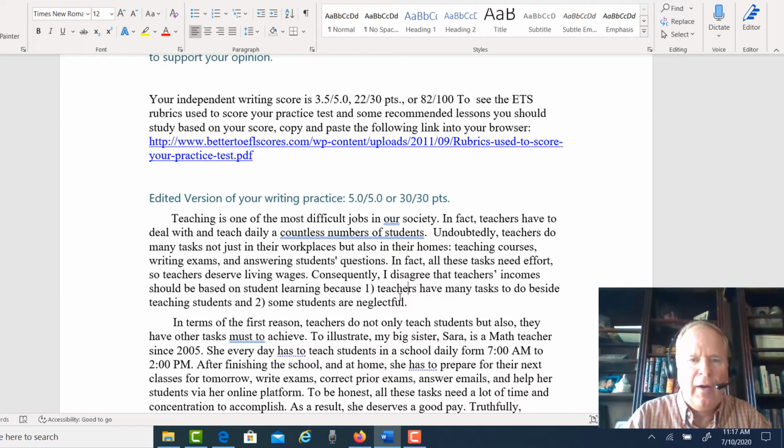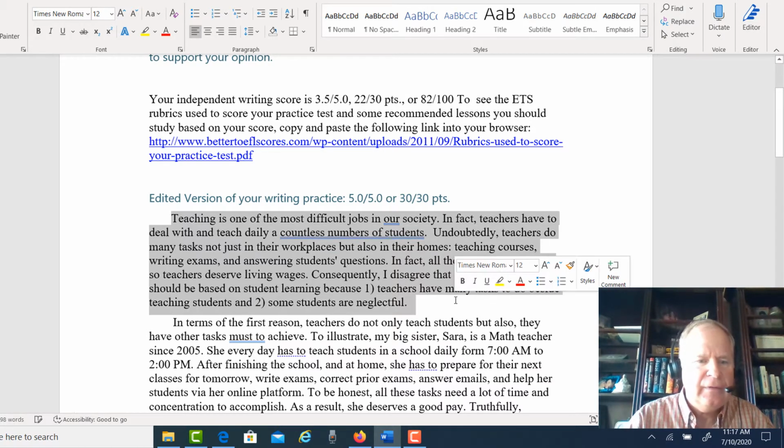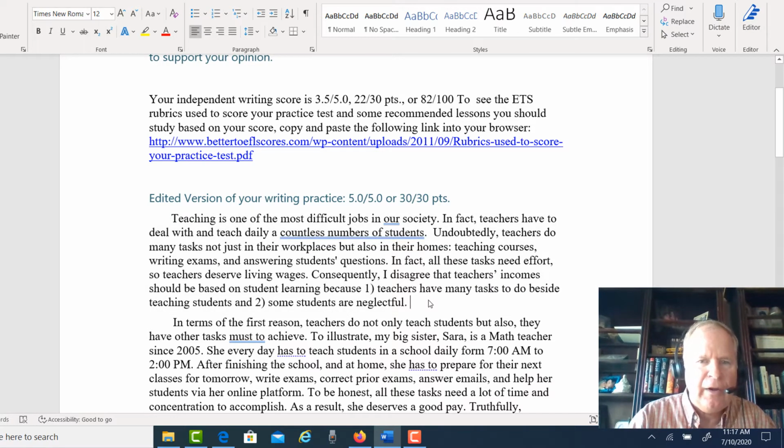So we had a few problems phrasing the thesis, some grammatical issues, but consequently, I disagree that teachers' income should be based on student learning because one, teachers have many tasks to do besides teaching students, and two, some students are neglectful. So that's a pretty good introduction, right? And your intro is about 90 words, so that's a pretty good way to set things up.